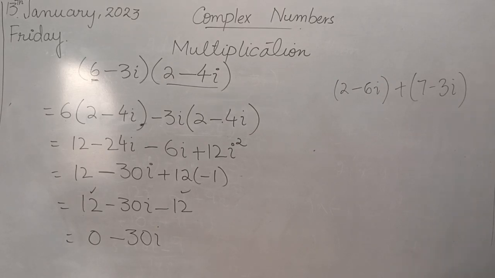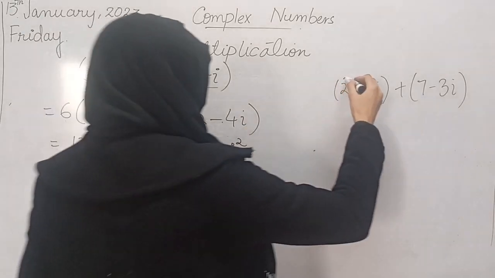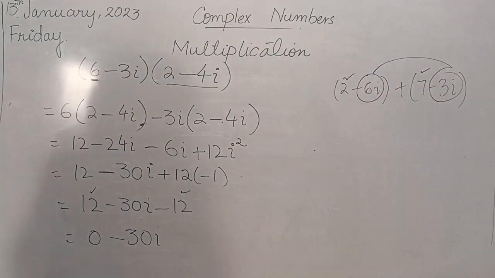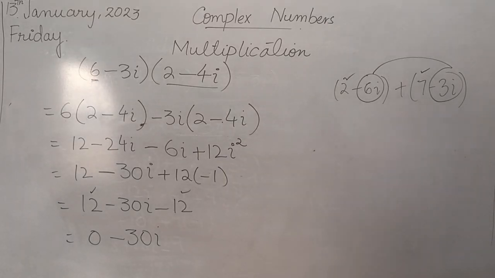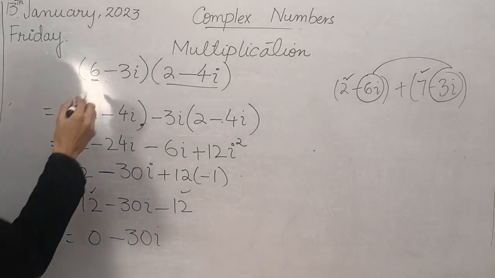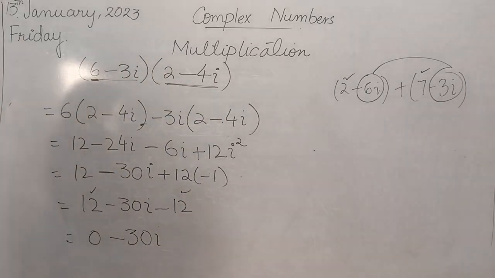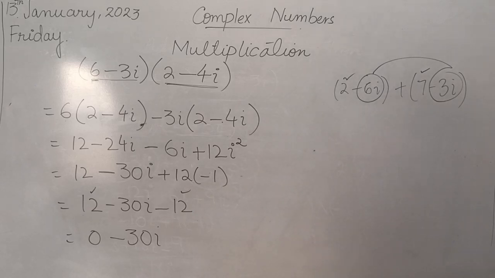The rule of addition of complex numbers is add real number with real number and imaginary with imaginary. Same is the case with subtraction of numbers: subtract real number with real number and imaginary with imaginary. But in multiplication of two complex numbers, we have to follow a different rule.